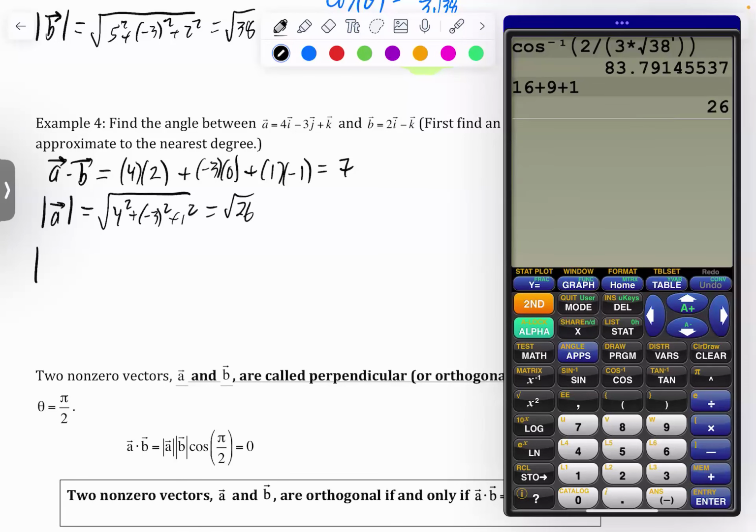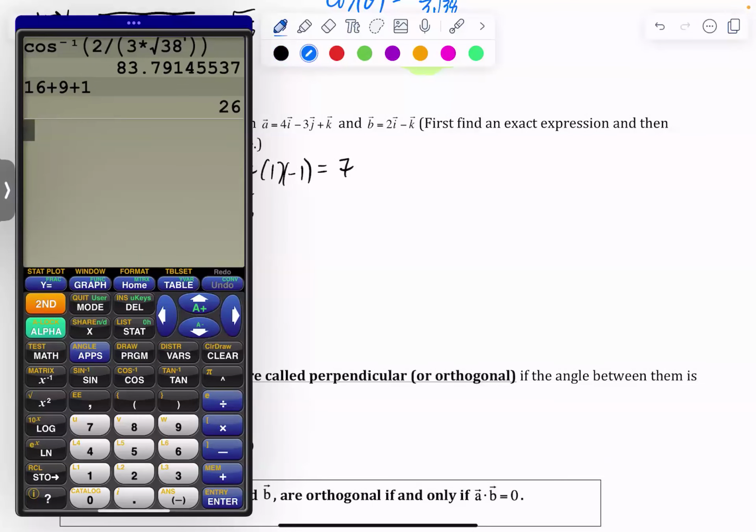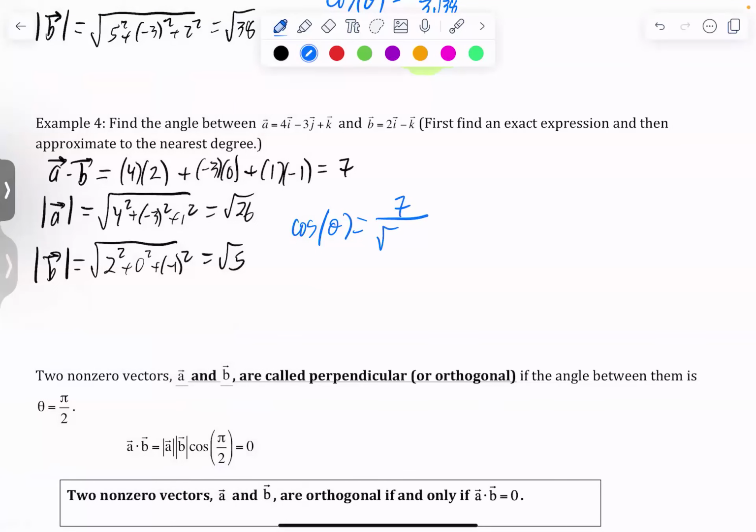And for vector B, I'm getting the square root of 2 squared plus 0 squared plus -1 squared. You might be wondering, do I have to put the 0 in there? No, you don't, if you already know that it's going to be missing. So that's 4 plus 1, that's root 5. And now let's find the angle between. So we have the cosine of theta is equal to 7 divided by root 5 times root 26.